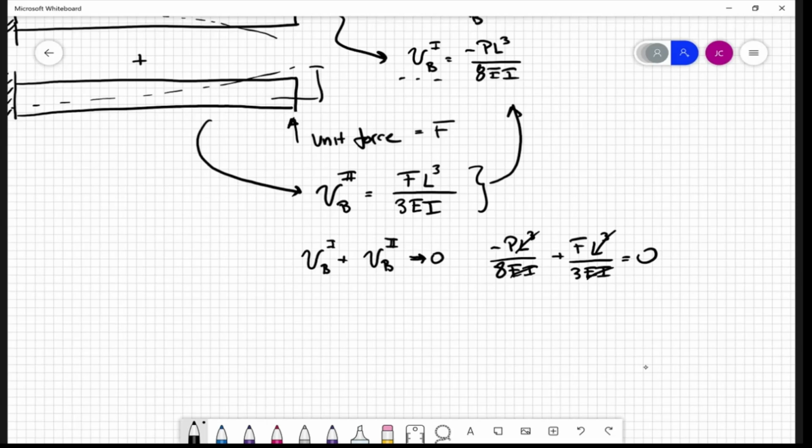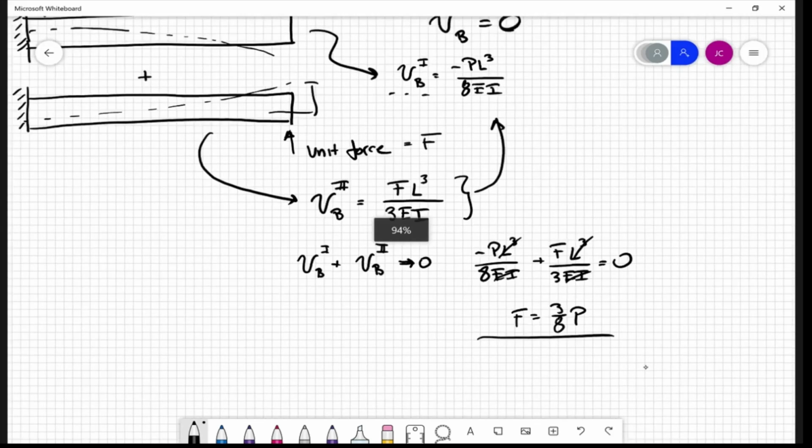And now I can get that F equals 3/8 times P. So that means that for the deflection at point B to go to 0, so that there's a roller, the reaction force at F is actually 3/8 of P.